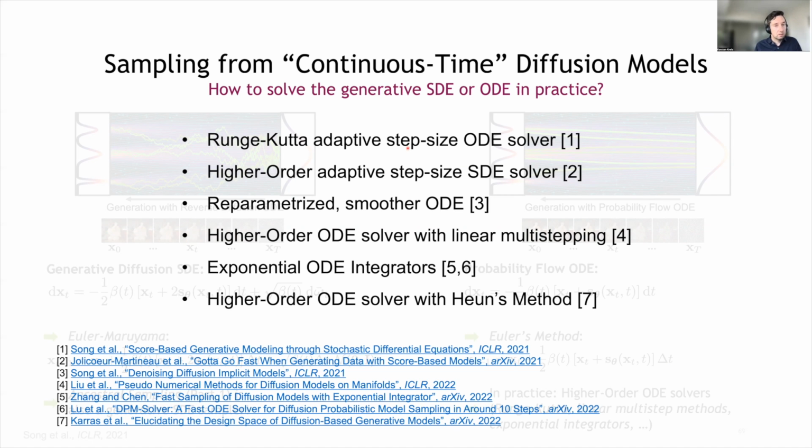Also for the stochastic differential equation, adaptive step size higher order methods have been used. A reparametrized smoother ODE has been proposed that also accelerates sampling. Like I mentioned, linear multi-stepping and exponential integrators have been used. Recently, Heun's method has been used very successfully as another higher order solver. So there is a lot of literature in that direction.